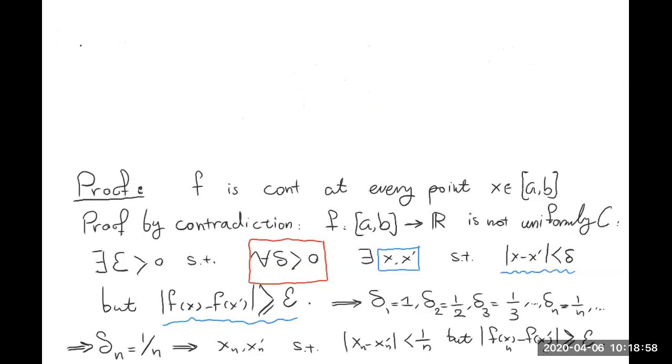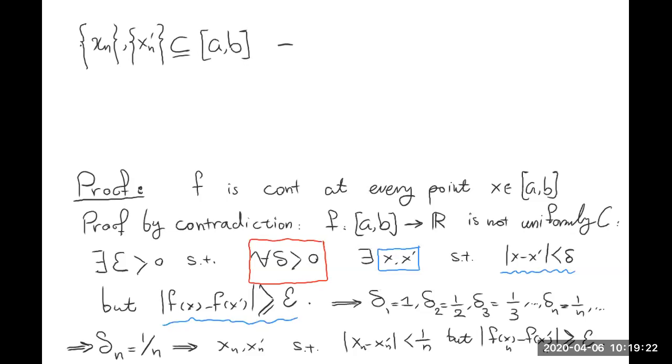So I have two sequences of points here. One is xn, and the other one is xn prime. And the elements of both of these sequences come from the closed interval [a, b].